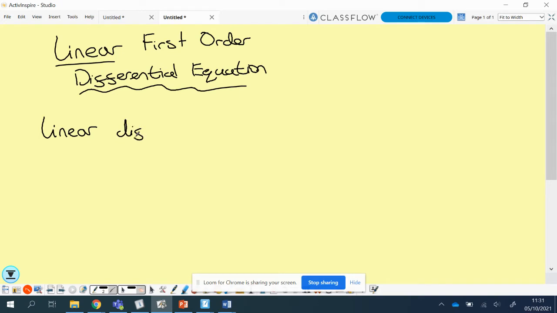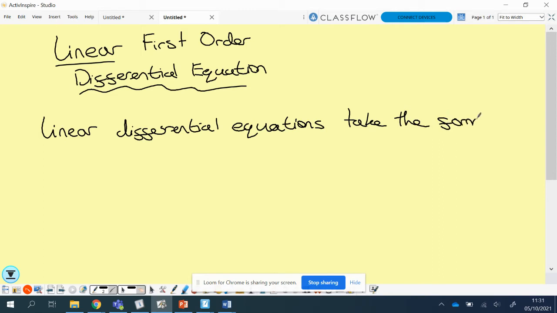Alright. So linear differential equations take the form dy by dx plus some function of x, we'll call it p, multiplying the variable y, and that will equal a different function of x, we'll call q of x.